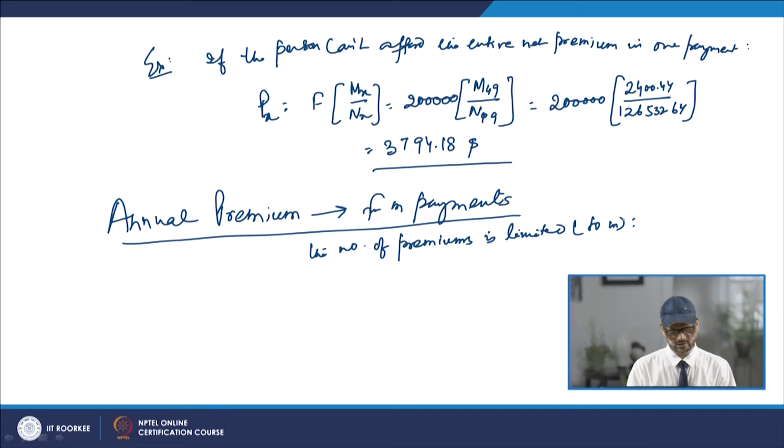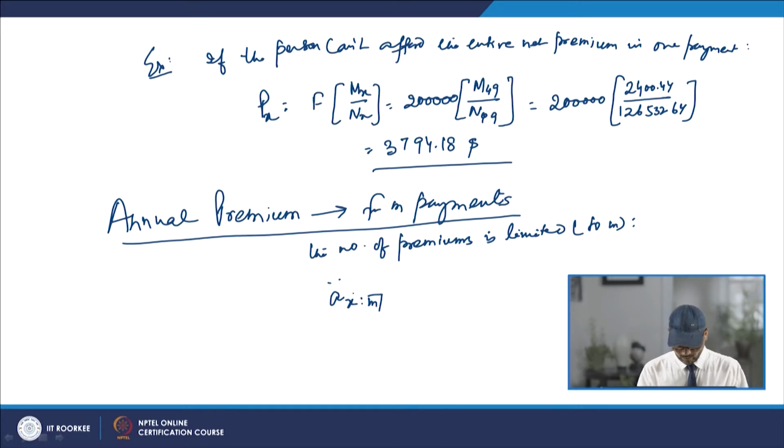Now, M will be the number for which the premiums will be paid, and it will be something like a case of a temporary life annuity due. So, in that case the temporary life annuity due will be A double dot X M, for the M payments he will be doing, and the M annual premium will be MPX.